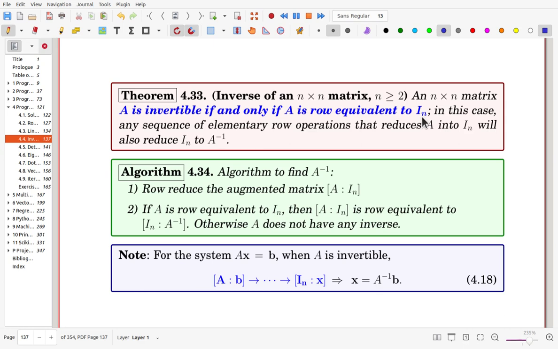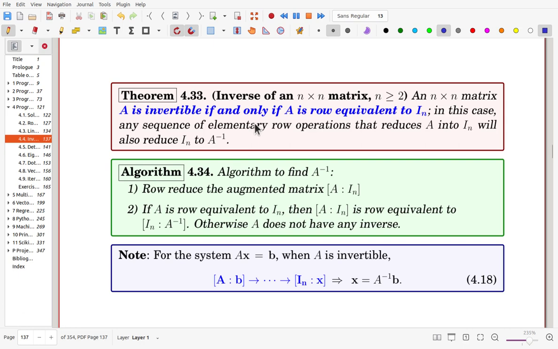That is also the same as there being n pivot positions, so each row and each column has a pivot position. In this case, any sequence of elementary row operations that reduces A into the identity matrix will also reduce the identity matrix to A inverse.